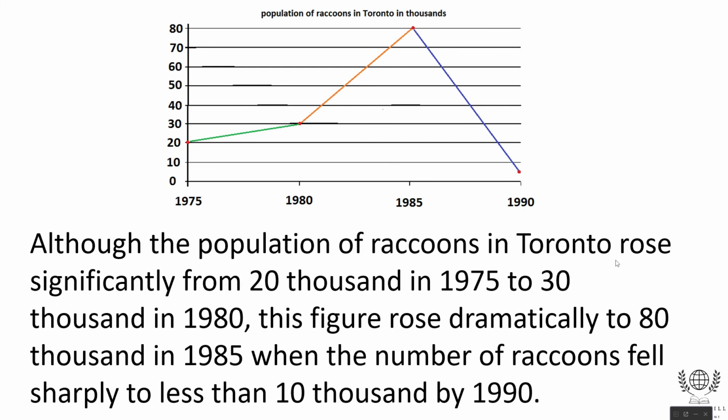So, as an example, although the population of raccoons in Toronto rose significantly from 20,000 in 1975 to 30,000 in 1980, this figure rose dramatically to 80,000 in 1985, when the number of raccoons fell sharply to less than 10,000 by 1990.